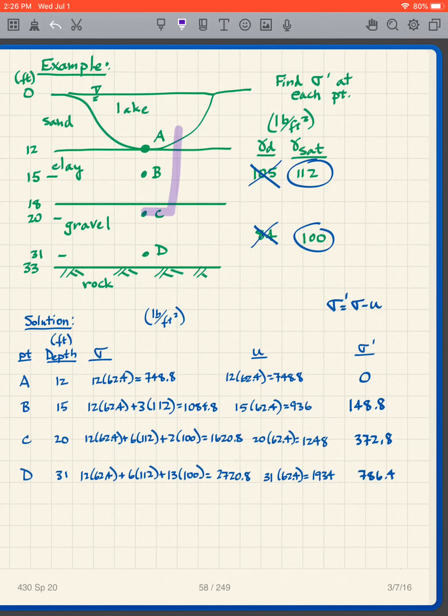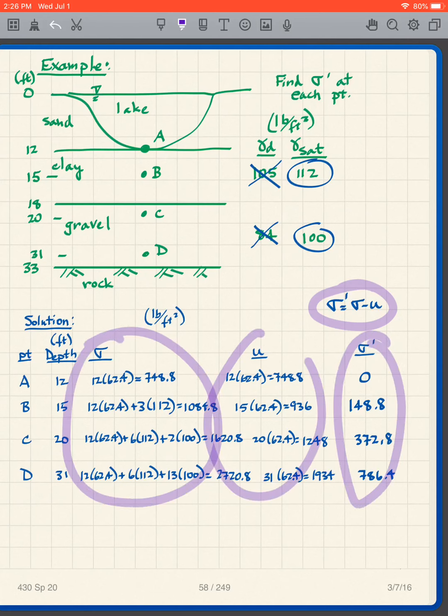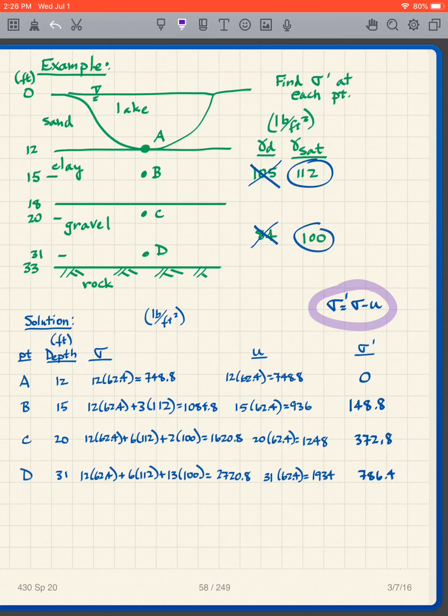For C, up to the water level, 20 feet. For D, 31 feet. And then sigma prime is equal to sigma minus u. I simply do sigma minus u equals sigma prime. Okay, very straightforward.